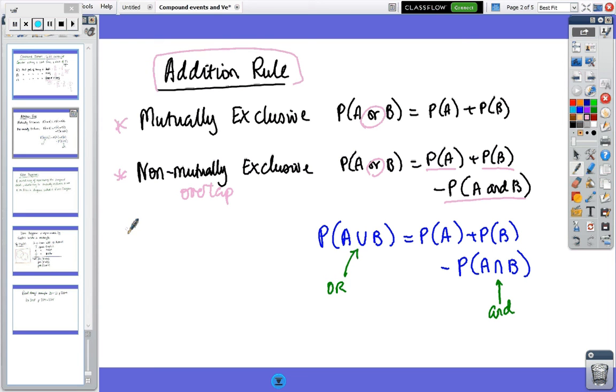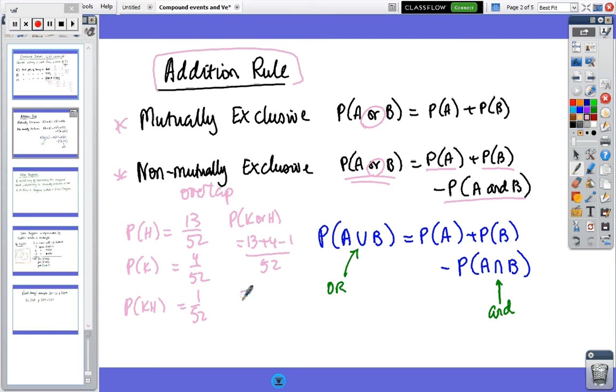So in the first one, the heart was 13 over 52, the king was 4 over 52, and the overlap was the king of hearts, which is 1 over 52. So the probability of being A or B, a king or a heart, equals 13 plus 4 minus 1 over 52, which is our 16 over 52, which is our 4/13.